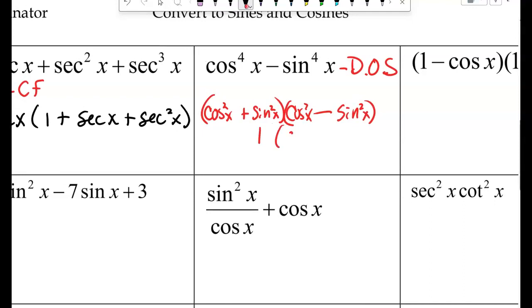The 1, right? Okay. Do you remember this from yesterday? Cosine squared x minus sine squared x. Does anyone remember what that can also be? This is one of your identities from yesterday. First of all, is this one a half angle identity?